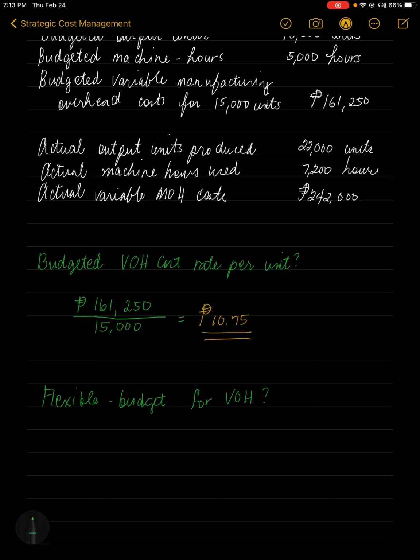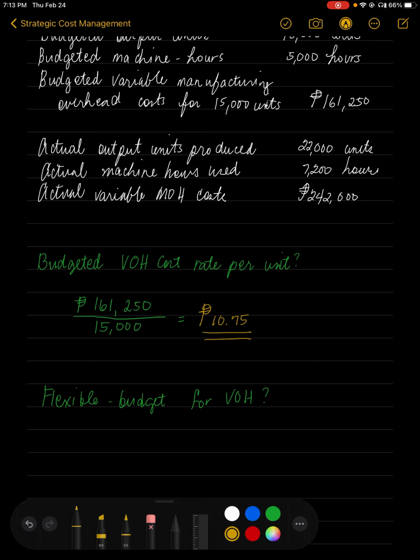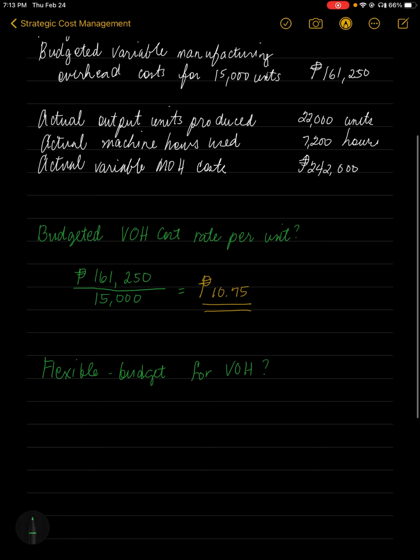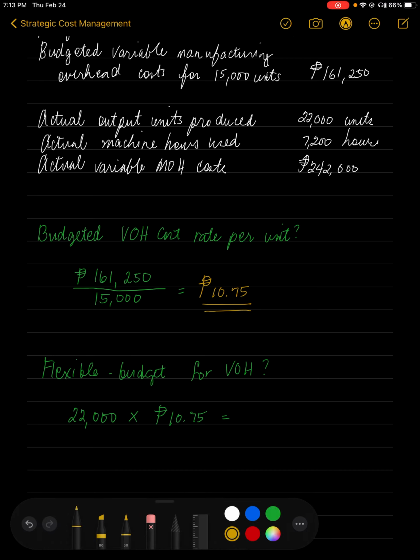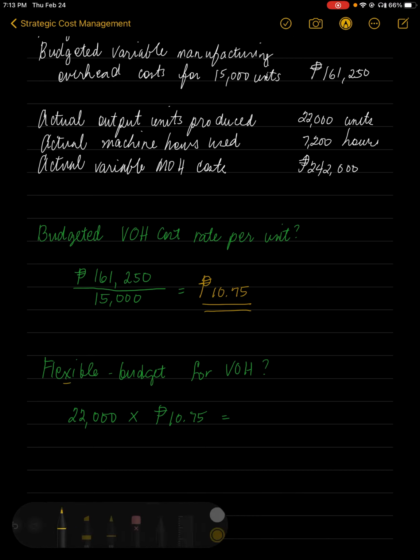So if that is the case, then let's identify what is the actual activity. The actual activity in terms of number of units is actually 22,000 units, and that is also given. What you are going to do is to simply multiply this on the budgeted variable overhead cost rate per unit, which is computed earlier as 10.75. And the answer here will be your flexible.